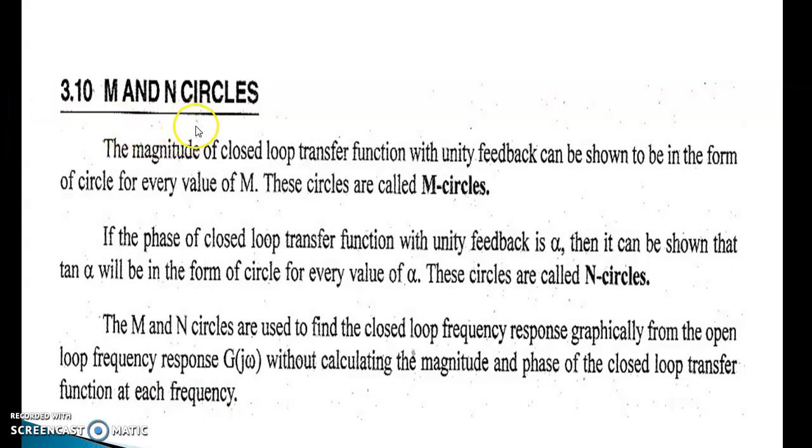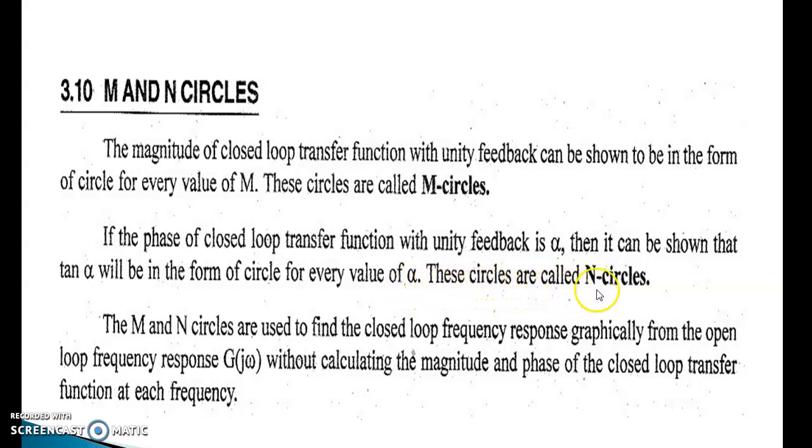M and N circles. The magnitude of the closed loop transfer function with unity feedback can be shown to be in the form of a circle for every value of M. These circles are called M circles. If the phase of the closed loop transfer function with unity feedback is alpha, then it can be shown that tan alpha will be in the form of a circle for every value of alpha.